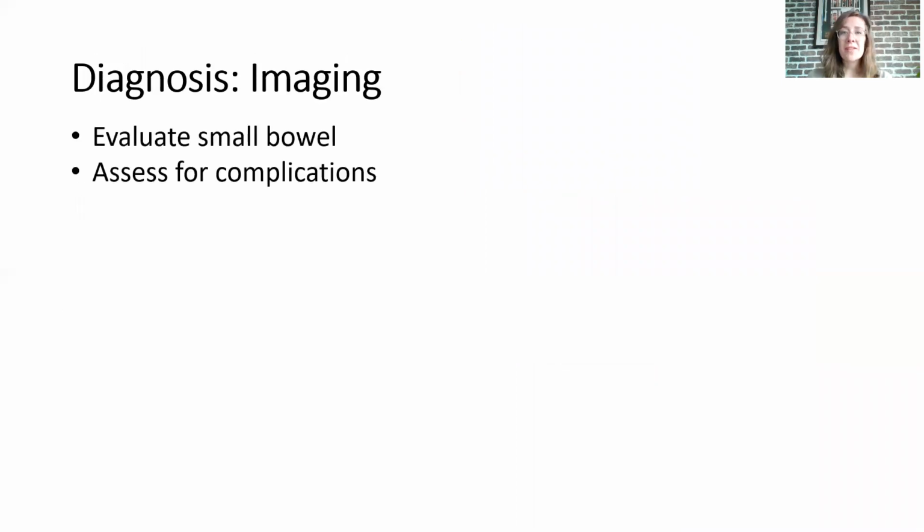And then last but not least, to diagnose IBD, we want to get imaging. And the reason for this is, first, we want to evaluate the small bowel because our scopes only go so far, both from above and from below. And second, we want to assess for complications. This is especially important for Crohn's disease, where we want to worry about abscesses, fistulae, and strictures or narrowings.